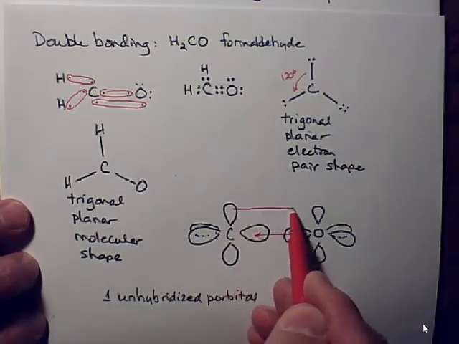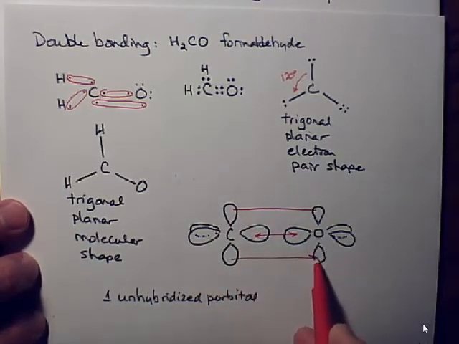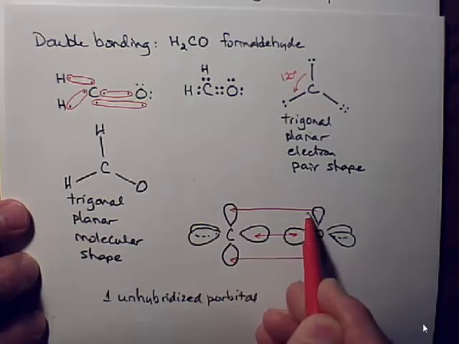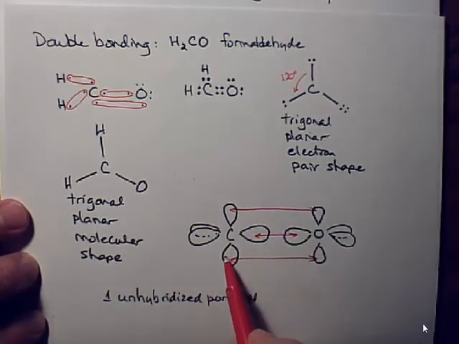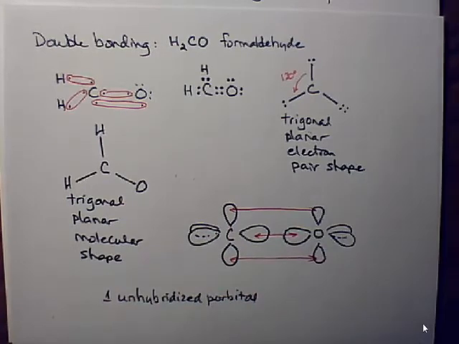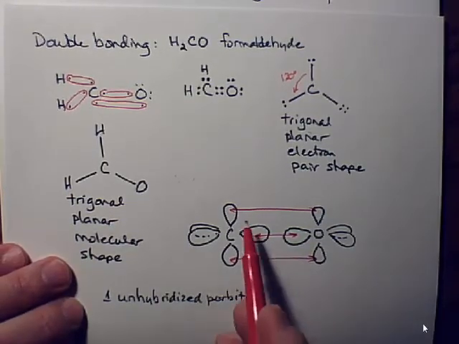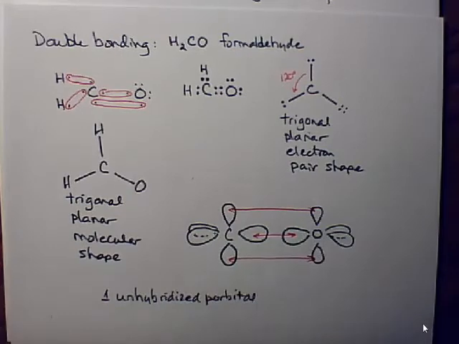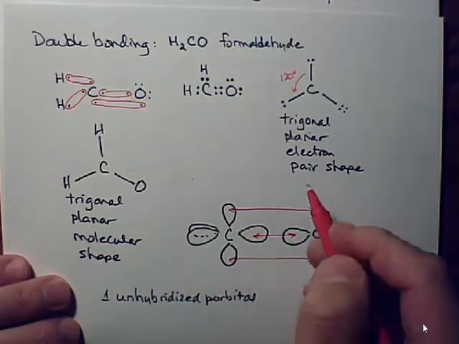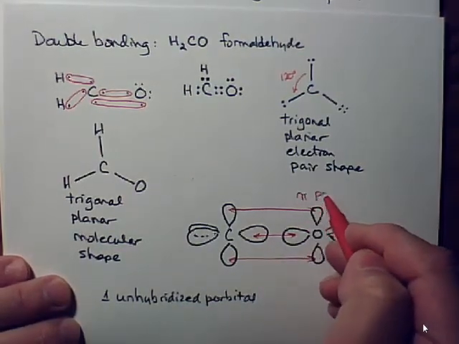And that's why we have a p orbital that's not hybridized. Because this p orbital is going to stretch across the top. Remember, the p orbital is in 2 parts. The 2 balloons here make up a single p orbital. And it's going to do like that. And you can kind of think about it like a hot dog. This is the wiener, and that's going to form the bun, because the bun's in 2 parts. So just like the p orbitals are in 2 parts, the pi bond, that's what this is going to make, is in 2 parts.